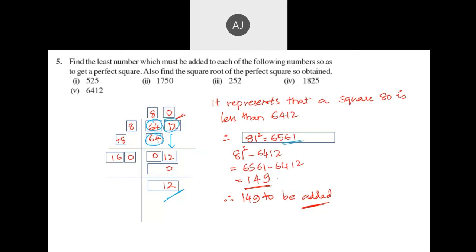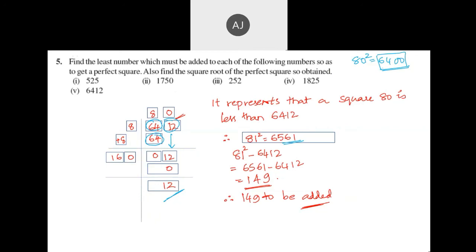Sir, why 81? Because 80 square is 6400, sir, and 81 square is 6561, sir. 6412 lies between 80 square and 81 square. I said 80 square is 6400, which is smaller than 6412.